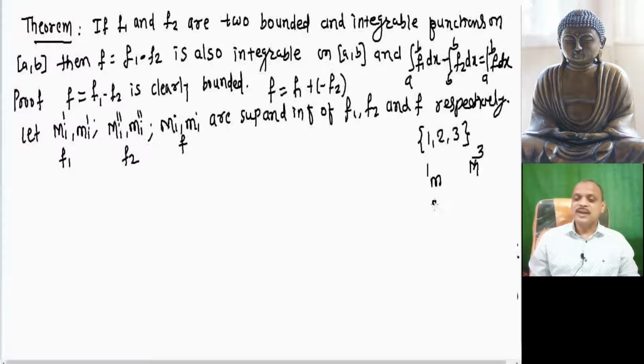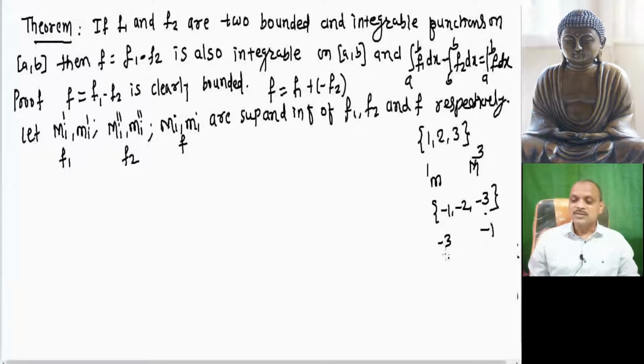And if we take the exact reverse order, that means if we multiply by minus, we get minus 1, minus 2 and minus 3, then minus 3 is the smallest number. So minus 3 is the lower bound and minus 1 is the upper bound.